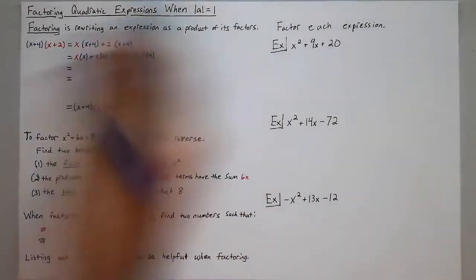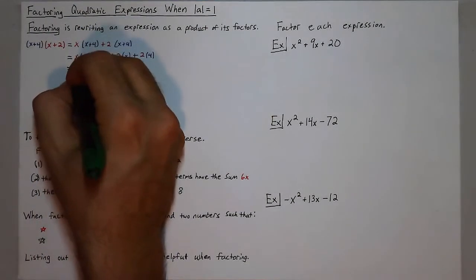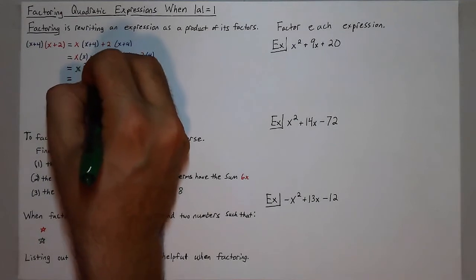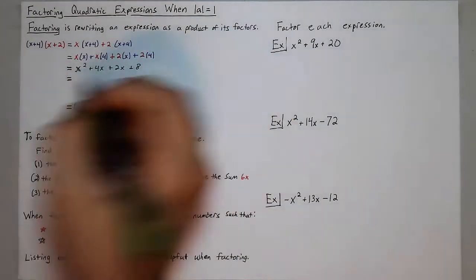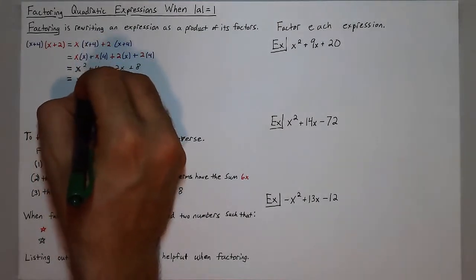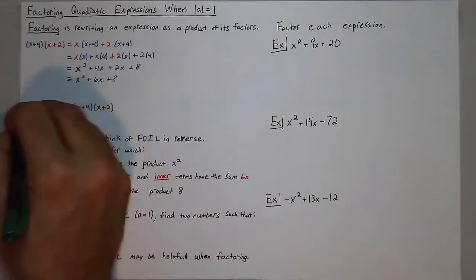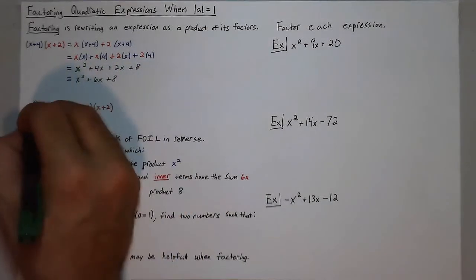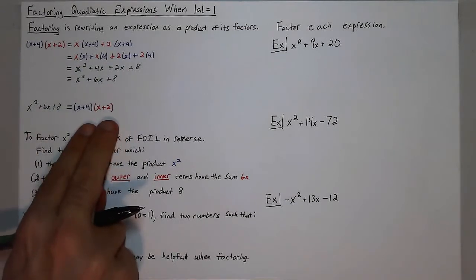And then multiplying all of those out, I get x squared plus 4x plus 2x plus 8. And that's going to be equal to x squared plus 6x plus 8. So we can say that x squared plus 6x plus 8 can factor into x plus 4 times x plus 2.